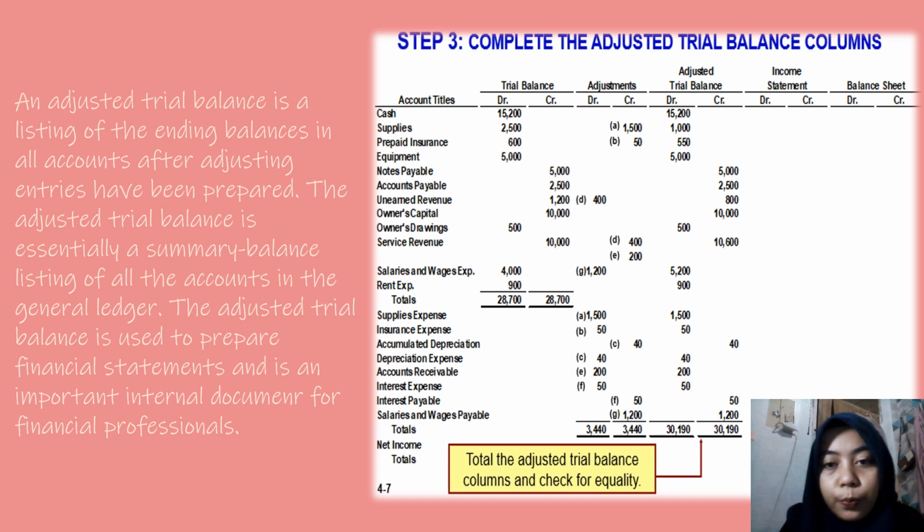After you calculate all of the account titles, you must total all of the adjusted trial balance, and it must be balanced. If not, there is something wrong with your calculation between the trial balance and the adjustments. So we move to the next step.